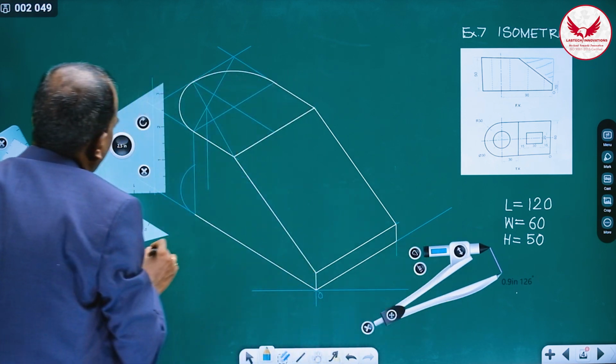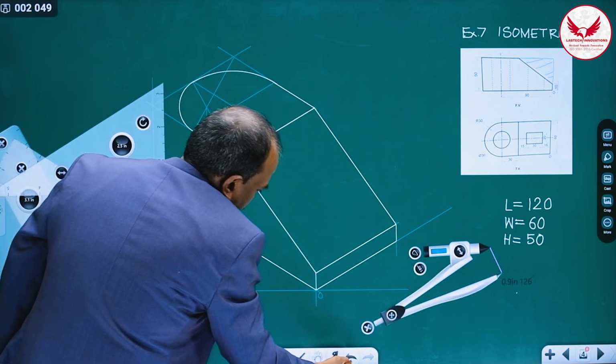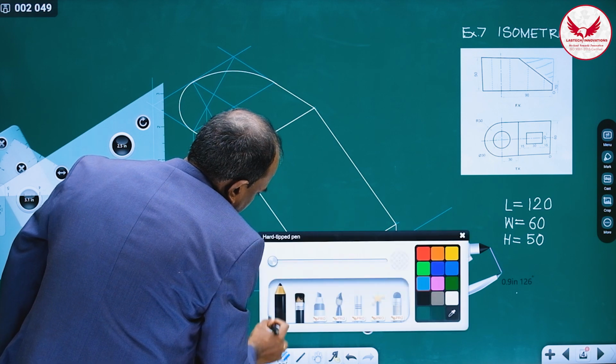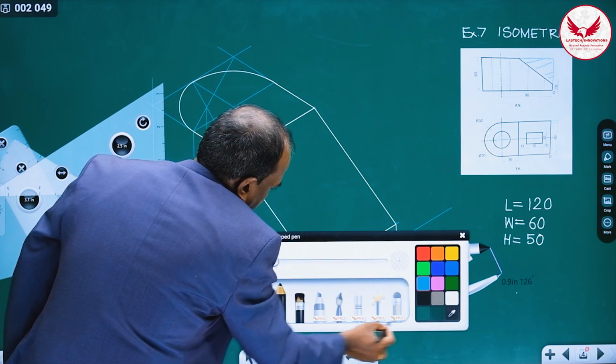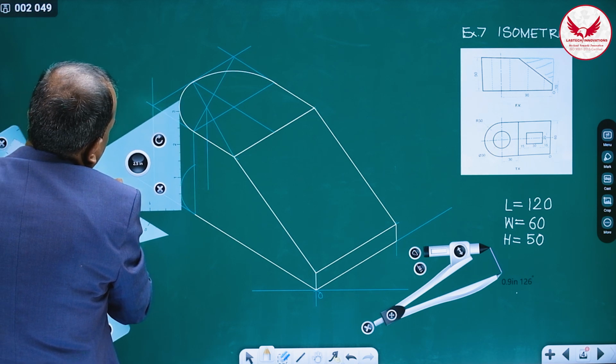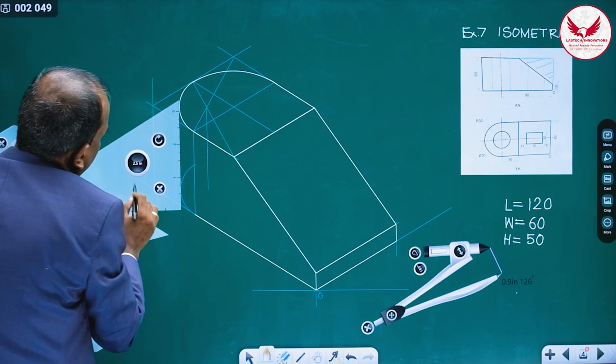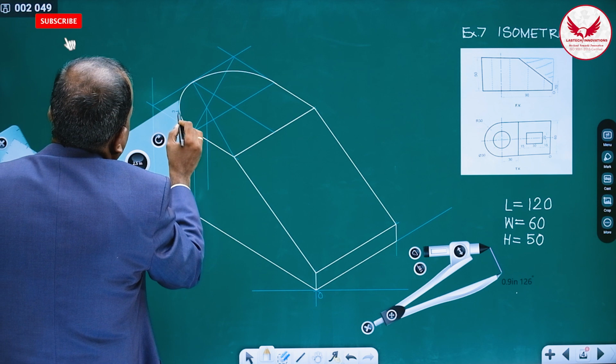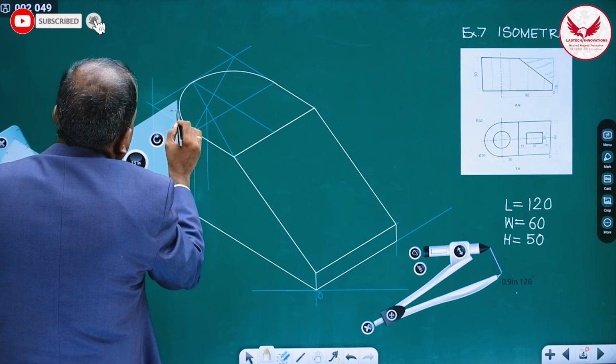And afterwards, what do you have to do? First, mark the tangent to these two quarter circular portions. This tangent should be like this.